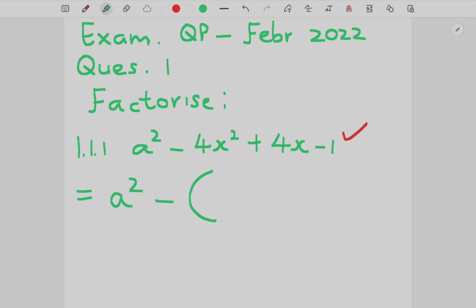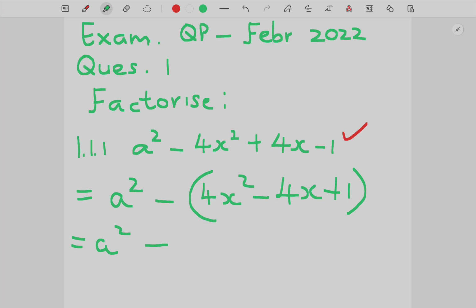It was a negative 4x squared, so now in brackets it's going to be positive 4x squared. This was positive, so it's going to be negative 4x. And this was negative, so it's going to be positive 1. So we've got a squared minus, then you must factorize 4x squared minus 4x plus 1.